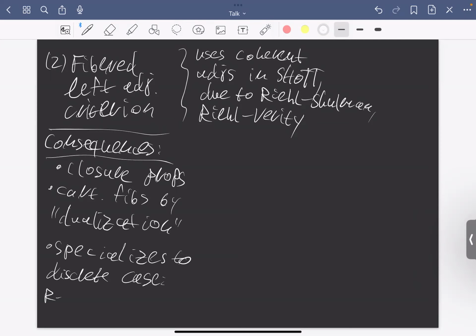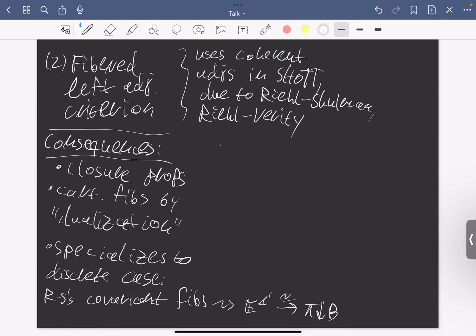So that's Riehl–Shulman's discrete covariant fibrations, which are like synthetic left fibrations that are special cases. There you would ask for this comparison here to be an equivalence and not just a left adjoint right inverse adjunction.